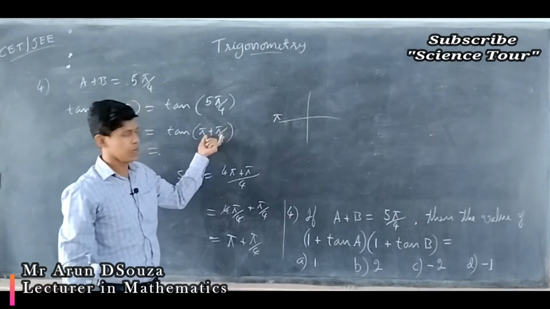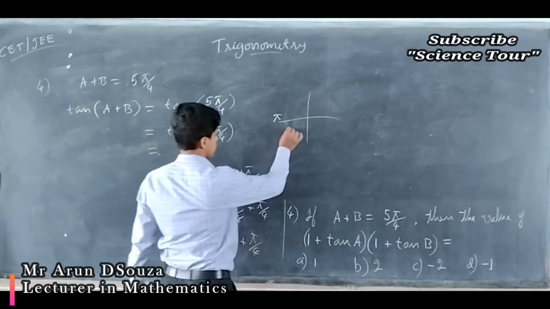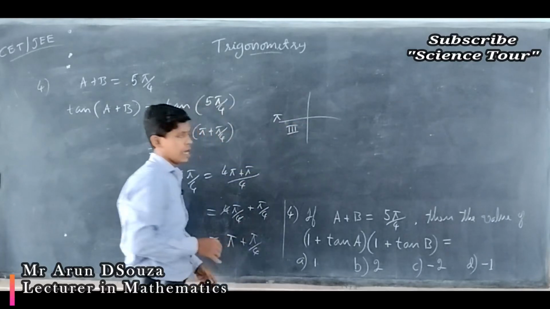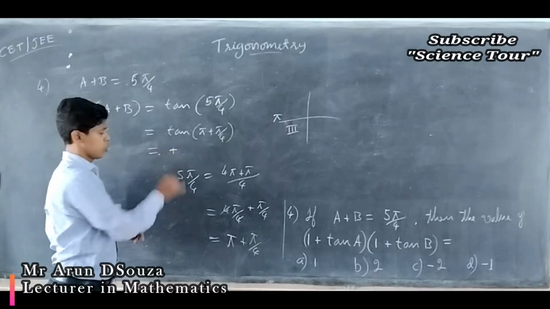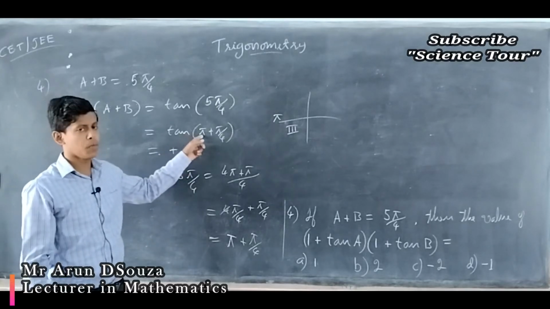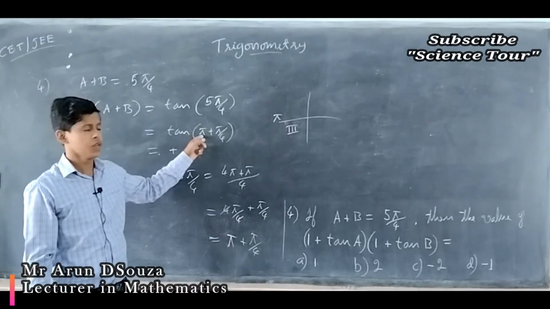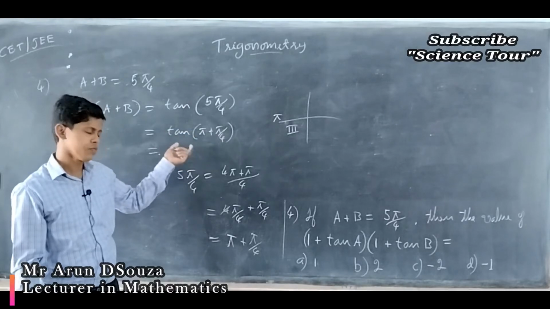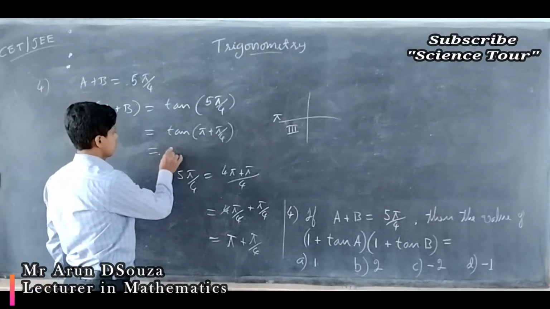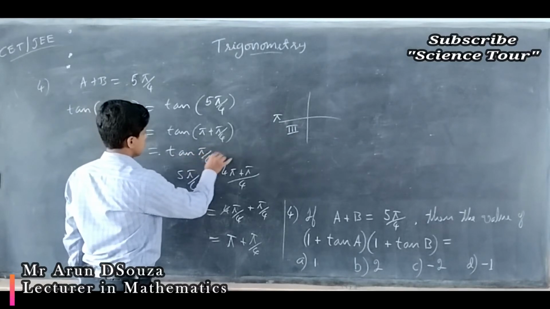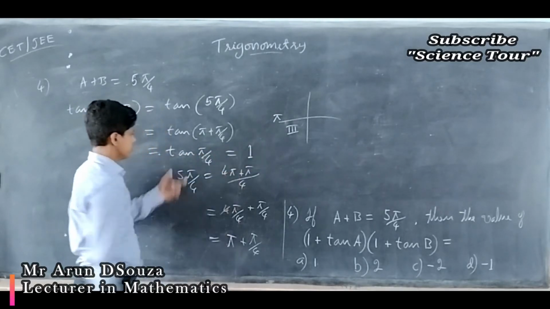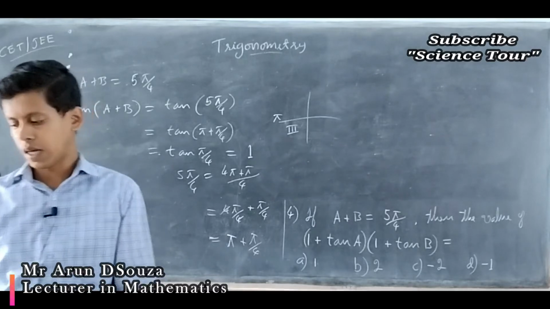So plus pi by 4, it's in the third quadrant, and in the third quadrant tan is positive. Secondly, you don't have pi by 2 or 3 pi by 2, therefore tan does not change. So it remains tan itself, so plus tan pi by 4, which is equal to 1. Tan pi by 4 is 1.